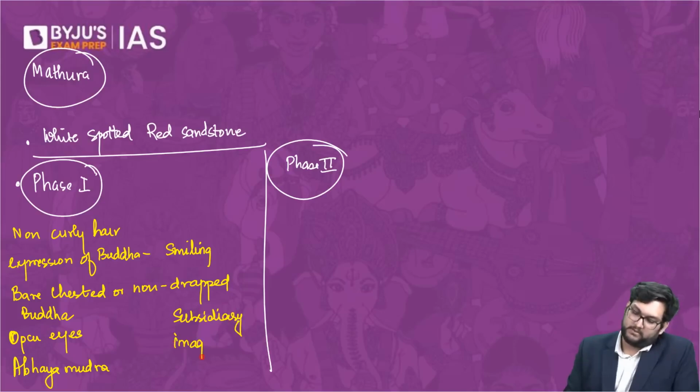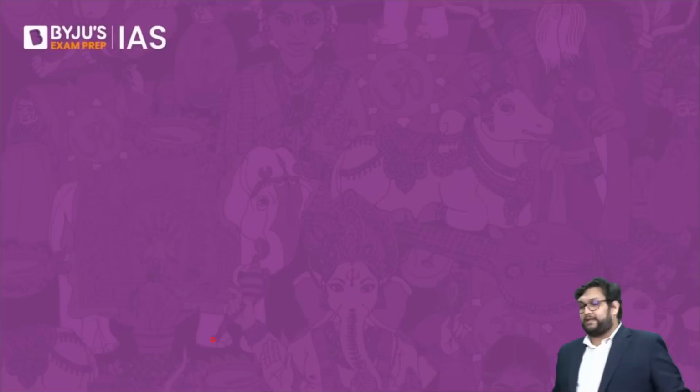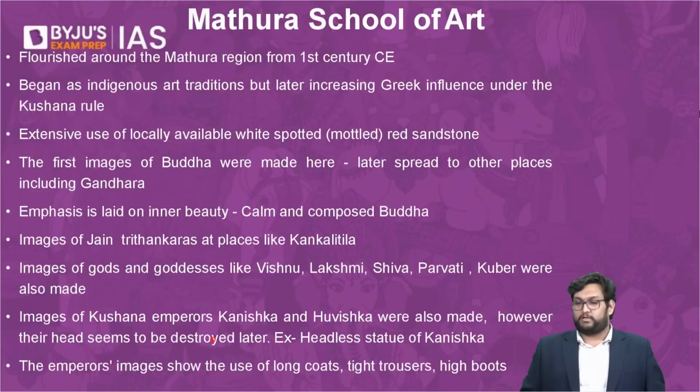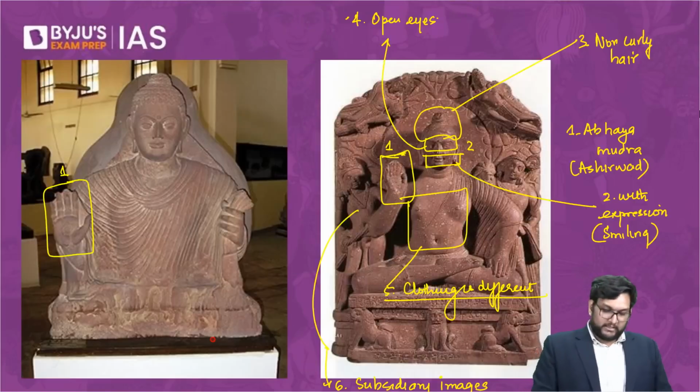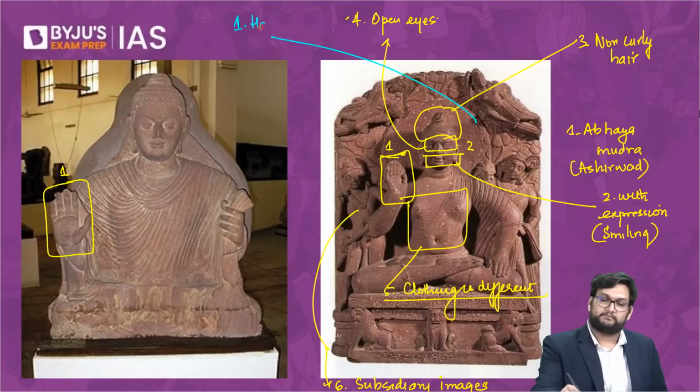But now when I go to the second phase, when Kushanas will take over the Mathura school, you see that the whole set will change. You see, what is this? Halo, phase 2 comes through. Thereafter, elongated ears will come in.